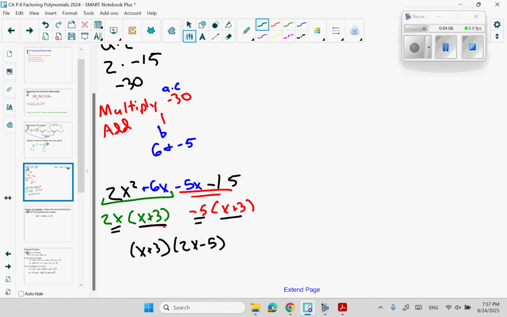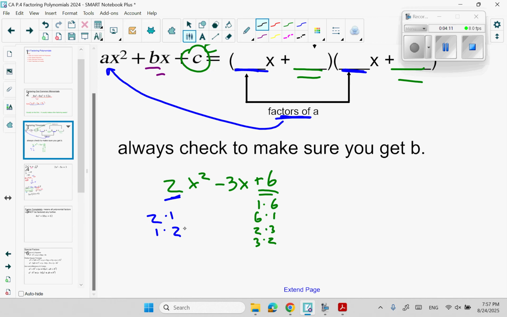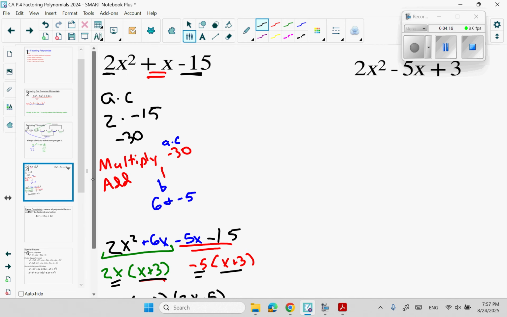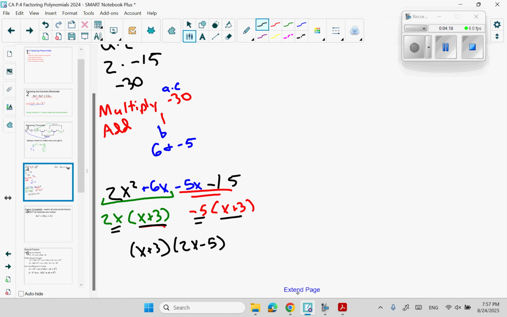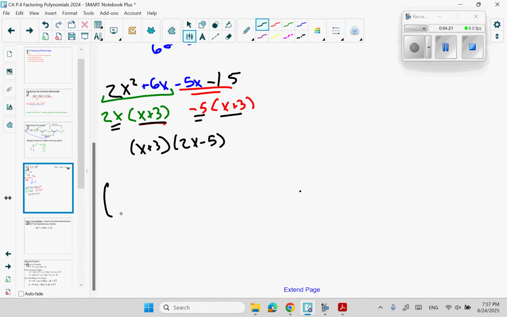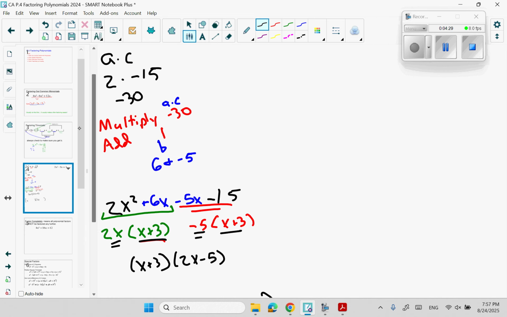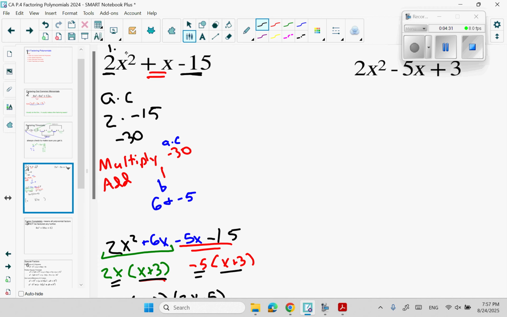Otherwise, I could, as we talked about earlier, use this pattern to guess and check numbers that would work. In this case, numbers that multiply to 2x squared. So I would know that one has to be 1x and the other one has to be 2x because there's only 1 times 2 that multiplies to give me that. And for this negative 15, I would have, of course, 1 times 15, 3 times 5, 5 times 3, and 15 times 1.